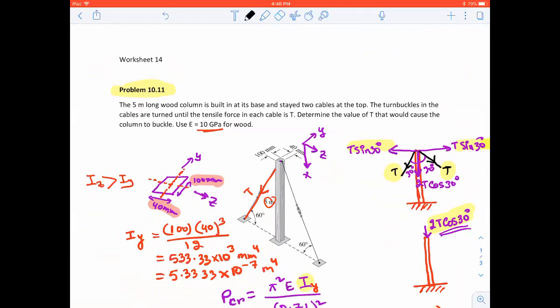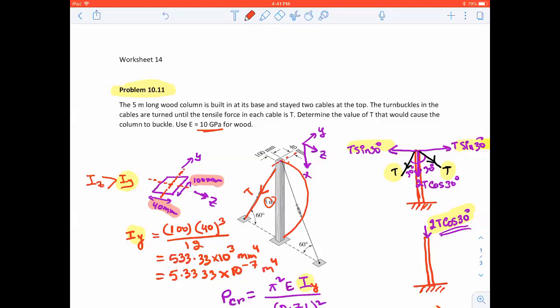When you're taking moment about the y axis, if it were to bend about the y-axis, it is going to bend like this, about the y-axis.